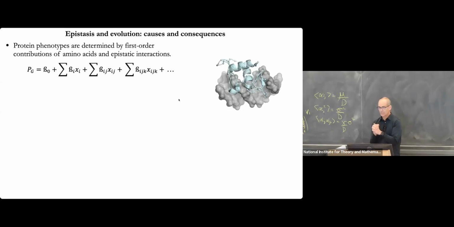So we're interested in epistasis and evolution, the causes of epistasis and the consequences of it for evolution. The framework here is, as we heard during Rama's talk, protein phenotypes are determined both by the first order context-independent contributions of the amino acids that make up a sequence, plus pairwise and higher order effects.